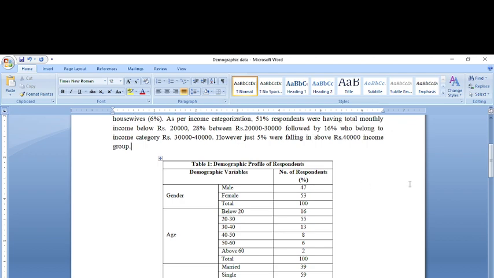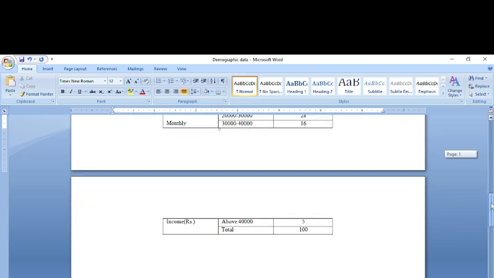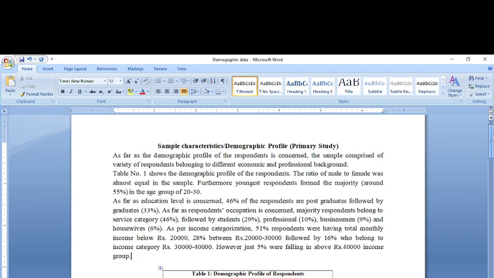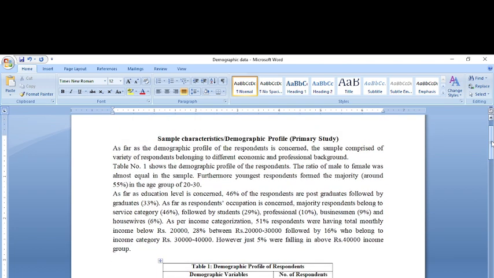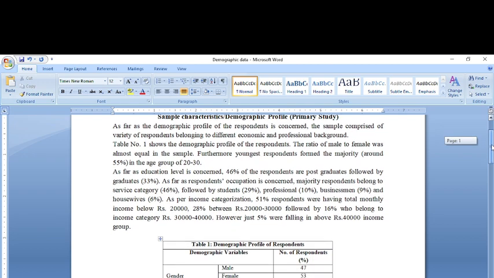So besides giving this table, you should also give this in written form. You can give the data both in tabular form as well as the details in a paragraph form before or after the table. So this is a way you can portray your sample characteristics.